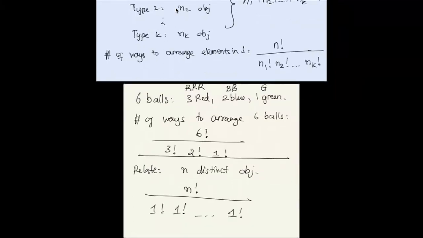Everything in the denominator is 1 factorial because the n objects are distinct. So each object belongs to its own type, which means each type only has 1 object. And then eventually this is n factorial, which is a formula that you already know.